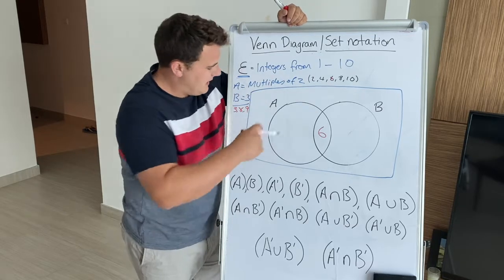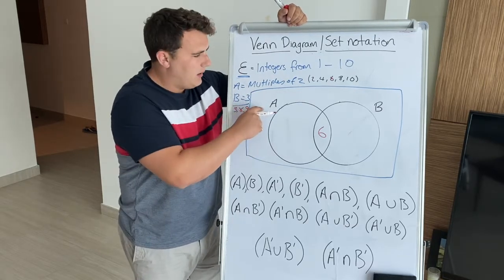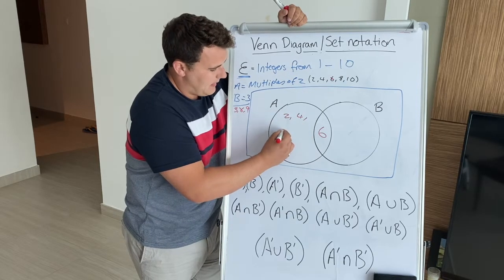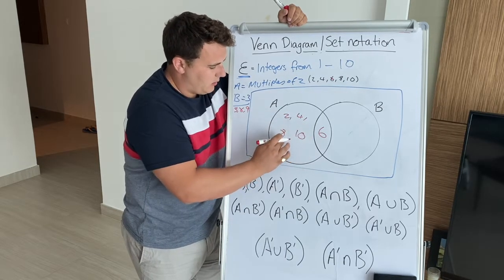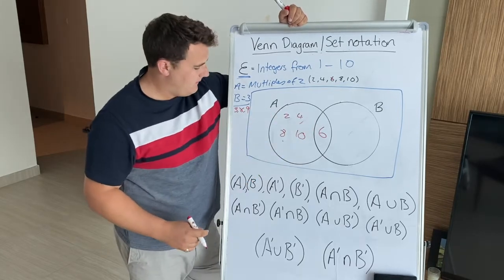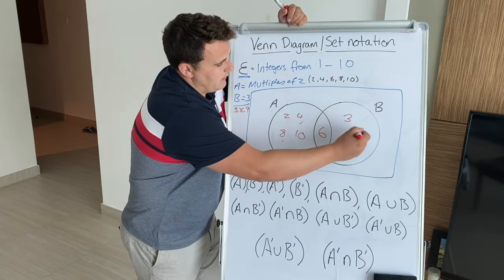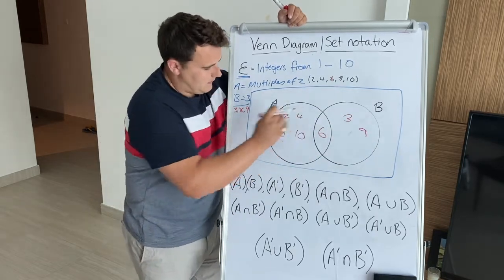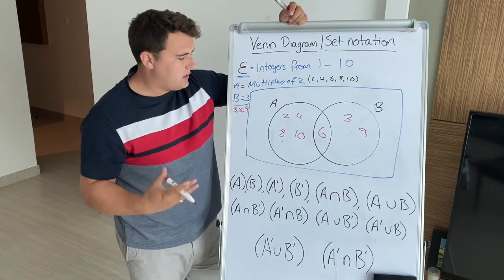Now 2, 4, 8 and 10 do not appear in B, but they do appear in A, so 2, 4, 8, 10, you don't really need the commas actually, are in set A, and then 3 and 9 are in set B, but they're not part of set A. And then everything else still has to be included.